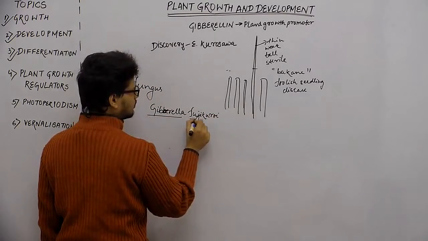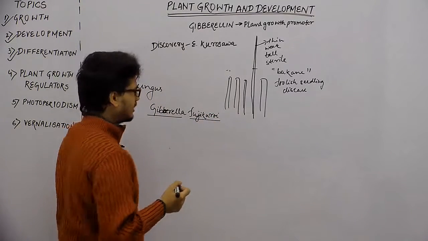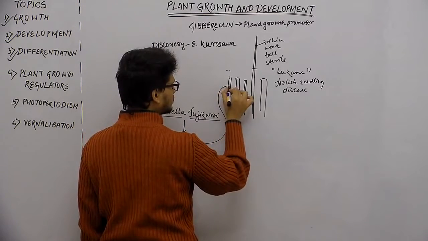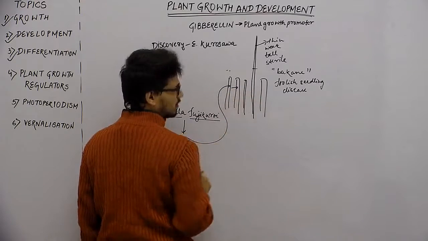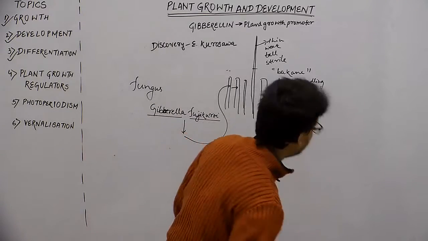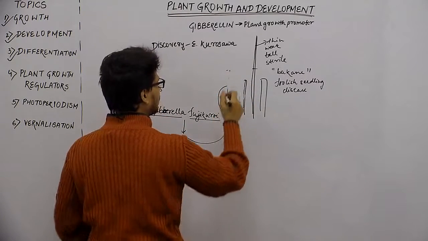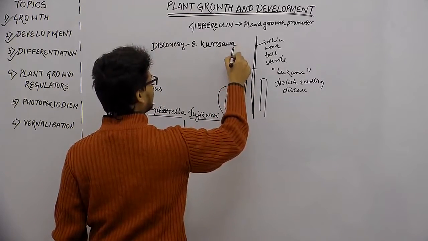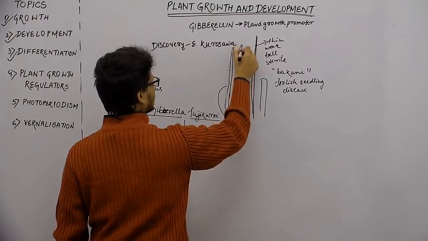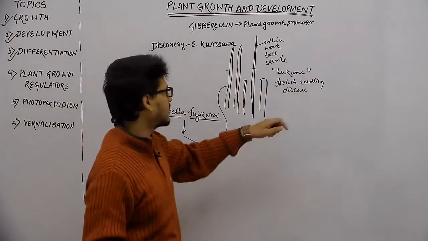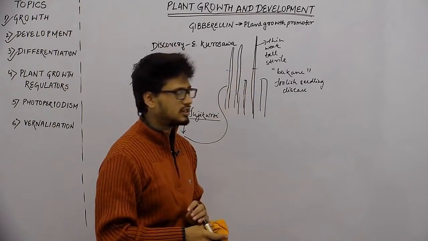When he extracted from Gibberella fujikuroi and transferred it to normal plants, the result was that even the normal plants started growing too tall and showing the same symptoms as the foolish seedlings.